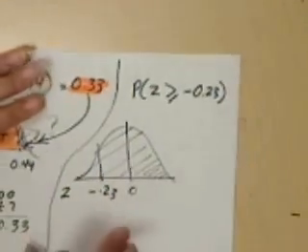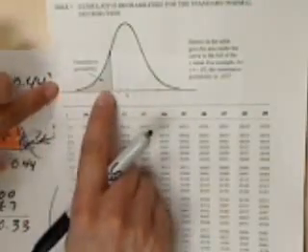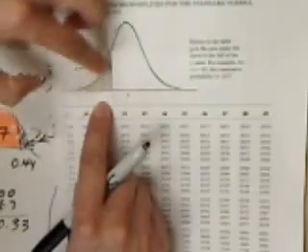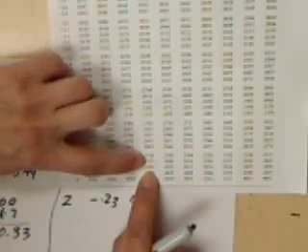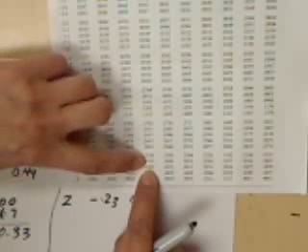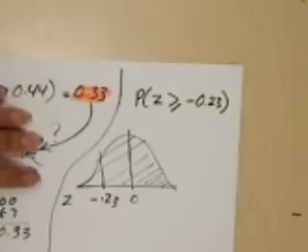So because this table with the negative z values gives me all the area from the left tail to that z value, if I look it up, I get negative 0.23, negative 0.2, sorry, 0.03 across the top. I come down and I see 0.4090.